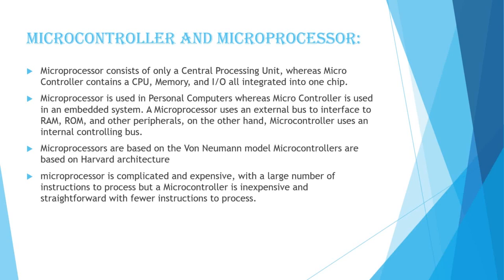On the other hand, microcontroller uses an internal controlling bus. Microprocessors are based on the von Neumann model, whereas microcontrollers are based on Harvard architecture. Microprocessor is complicated and expensive, with a large number of instructions to process, but a microcontroller is inexpensive and straightforward with fewer instructions to process.